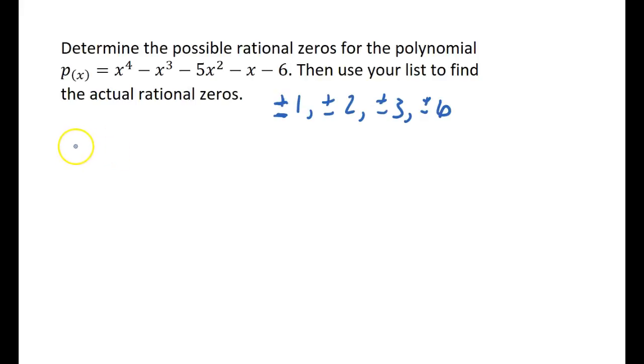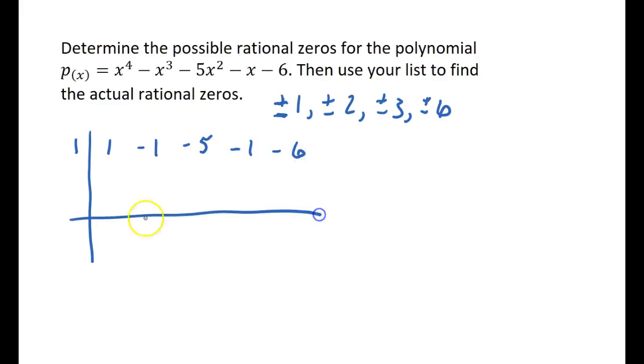Okay, so let's try 1. So I've got 1x to the fourth minus 1x cubed minus 5x squared minus 1x minus 6. Bring down the 1. 1 times 1 is 1. Add to 1 is 2... Add to negative 5 is negative 5. Times 1 is negative 5.